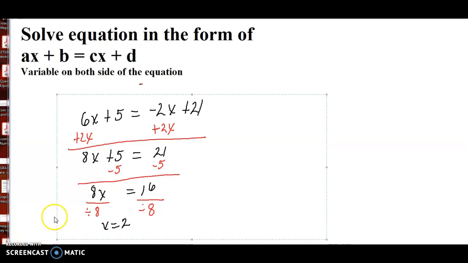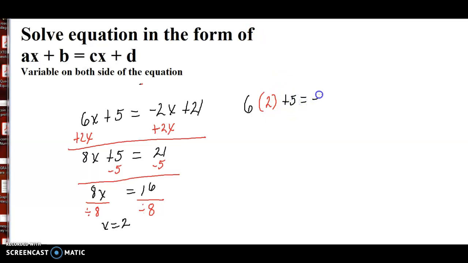So in other words, if I would take out the x and replace it with a 2, we would have 6 times 2 plus 5 is equal to a negative 2. Take out the x, put in 2, plus 21.